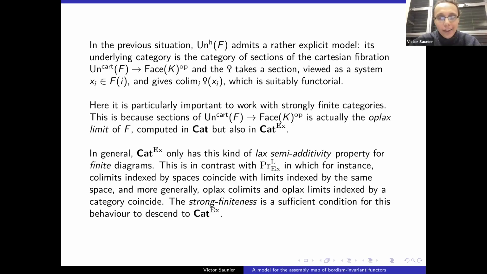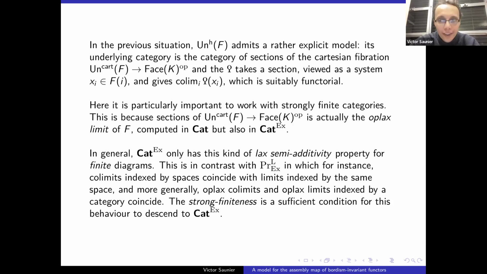This is where, for instance, in presentable categories, colimits indexed by spaces are the same as limits indexed by spaces. The reason for this is, how do you compute a colimit in PrL? Well, you just pass to adjoints everywhere. This gives you a diagram that now has a limit, and I claim that the limit is now the colimit. Of course, if you have a space-indexed diagram, all of the maps are invertible.